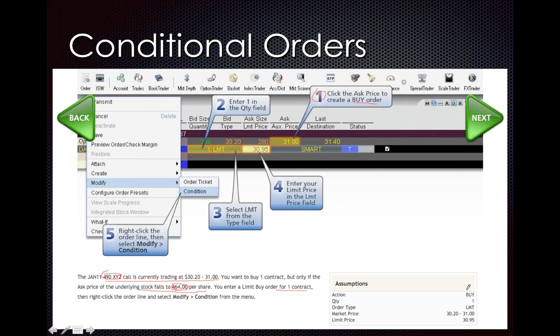And therefore, the action of your plan is to buy one contract at a limit price, and you select the limit price as $30.95. We will talk tonight as well about what tools are available for you to calculate the expected value of your contract. And I already mentioned that OptionVue is the best one on the US market.